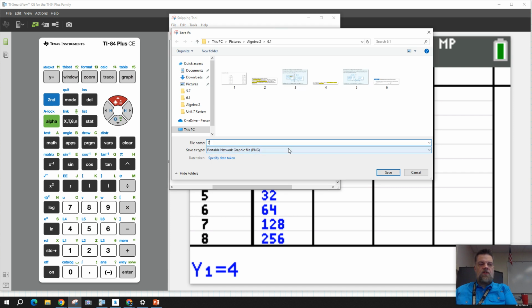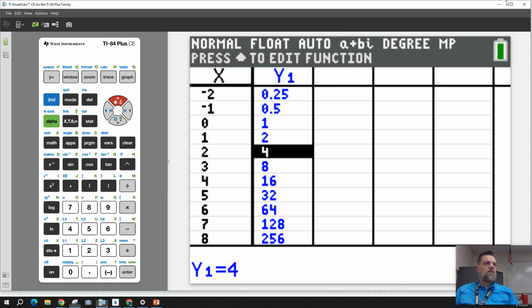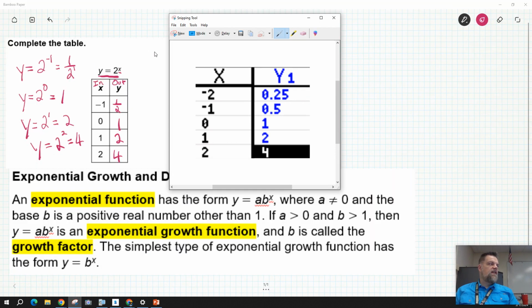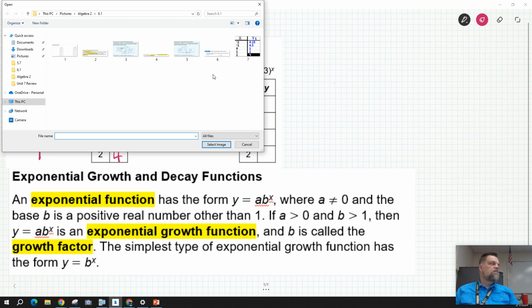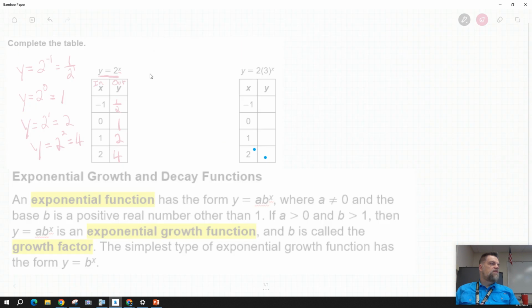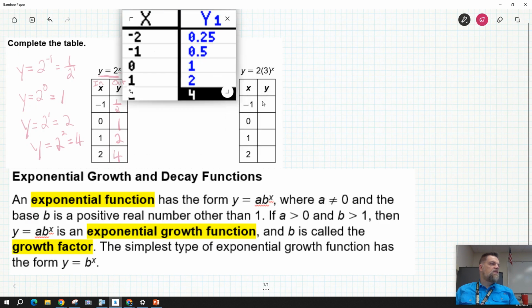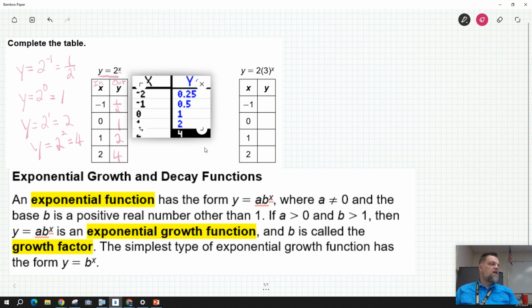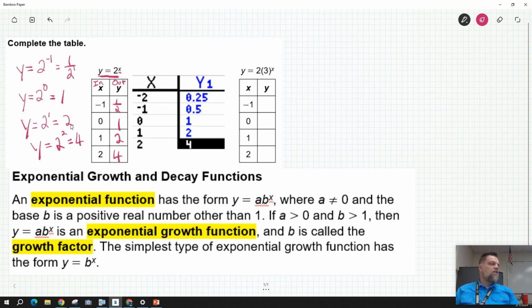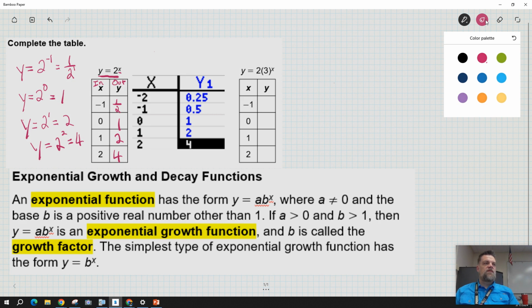So this example is going to be a little long because I got to talk about growth and decay, and I'm going to do it all in one cohesive thing. So this is kind of what we're talking about, right? The calculator verifies what we did by hand. So now let's do the other one.